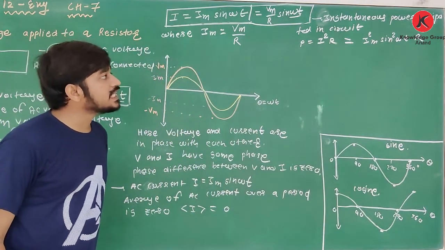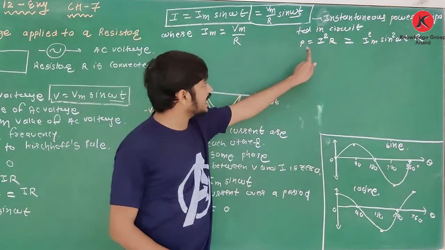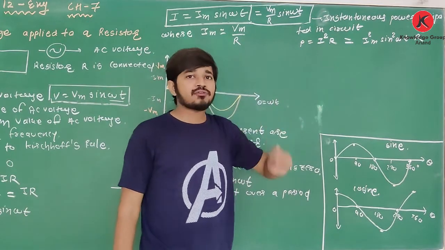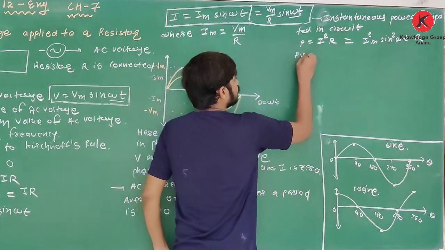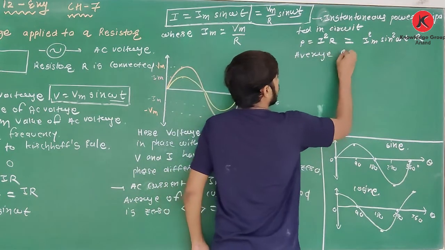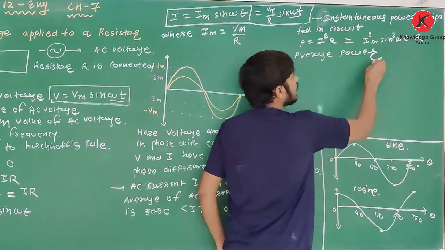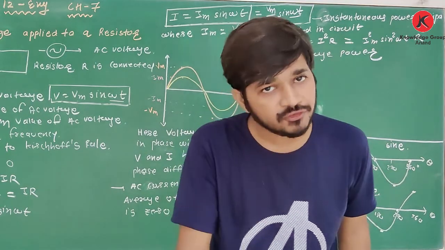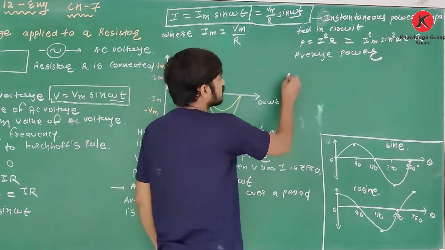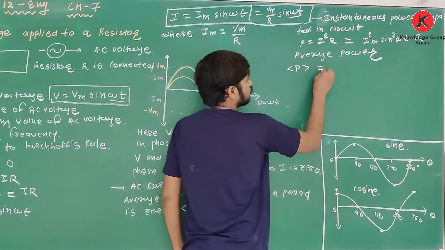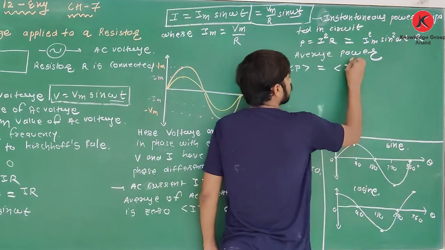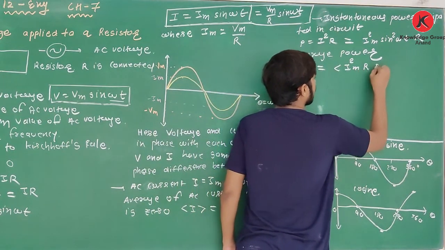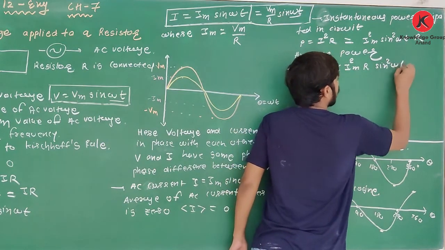It is instantaneous power, at any instant. Now if I find average power, why find the average? Because this power is a function of sine and the value of sine continuously changes, so we have to find the average. So average power P is equal to the average of I square M R sine square omega t.